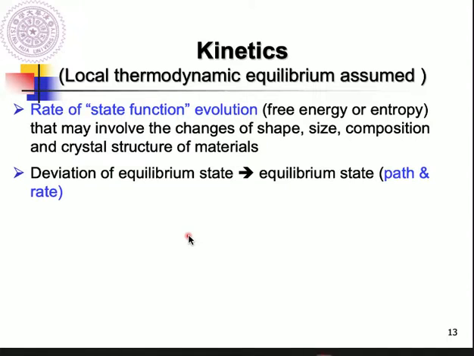Okay. If we put a material in the system, usually it is in an equilibrium condition, right? A thermodynamic equilibrium condition. So we need to apply a force to push this system to a state deviated from equilibrium, then allow the system to move from the deviated state back to equilibrium.